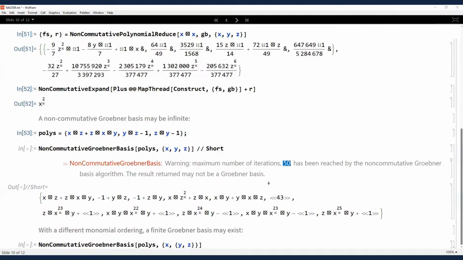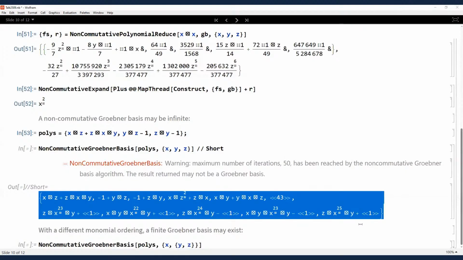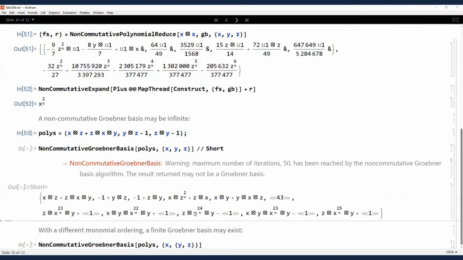By default, it's 50. After 50 iterations, we didn't get a Grobner basis. As you can see, there is a certain pattern where you can have an arbitrary power of x between z and y.